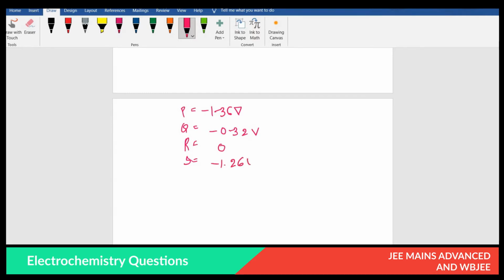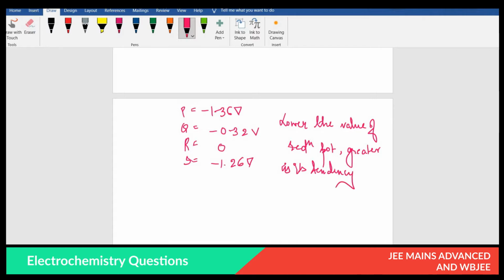Now the concept behind this question is, the lower the value of reduction potential, I repeat, lower the value of reduction potential, greater is its tendency to get oxidized. That is, to get more reactive. So, lower the value of reduction potential, greater is its tendency to get oxidized.